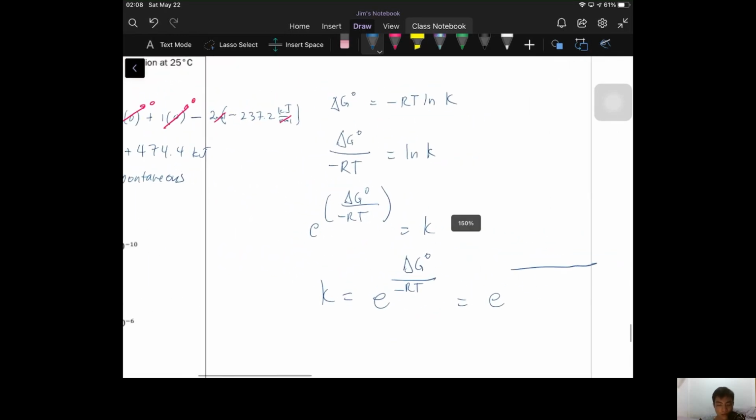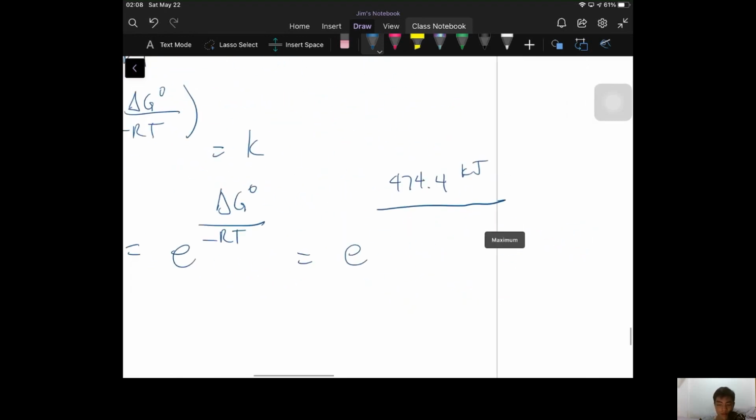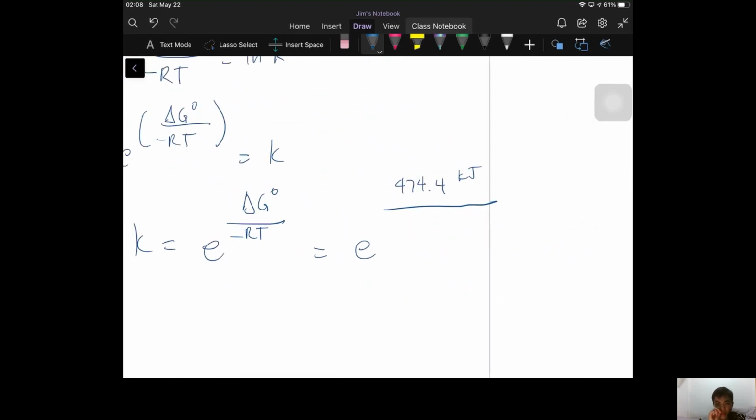Ano yan? 474.4 kilojoule. Okay? So that's in kilojoule. Ayan yung value ng delta G, positive. We have the R. Ang R natin ay, remember, 8.314 joule per mole Kelvin.